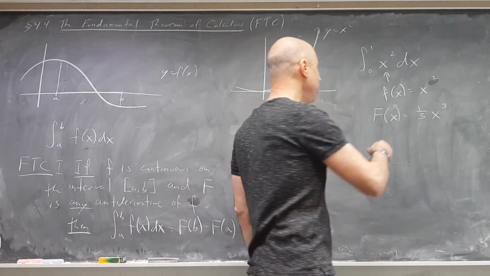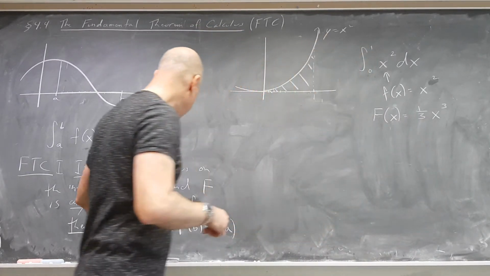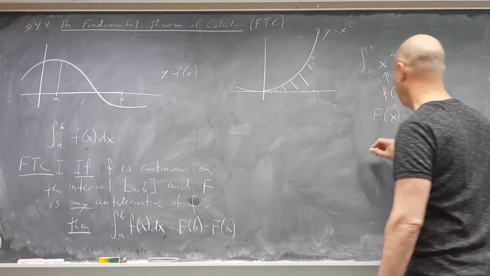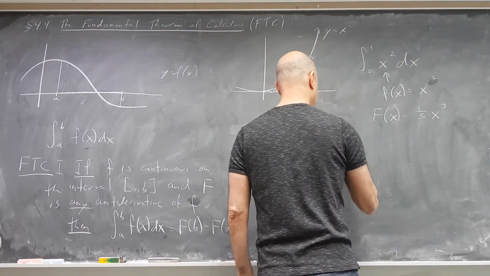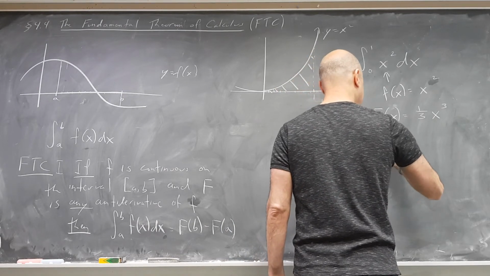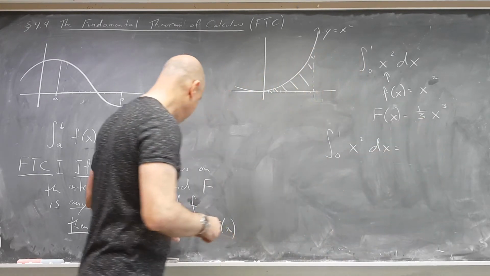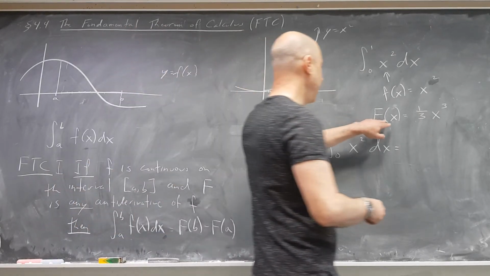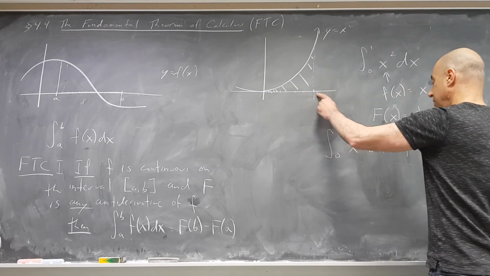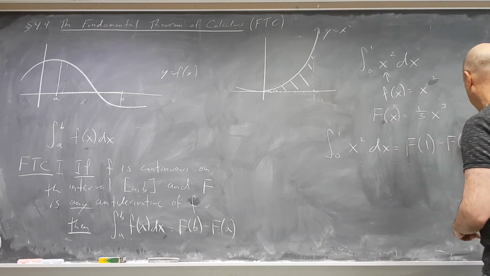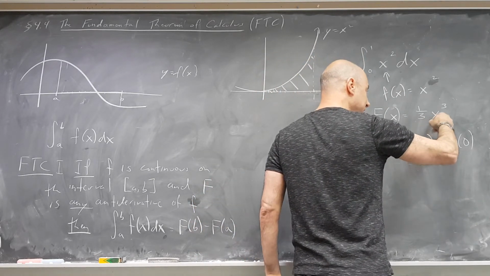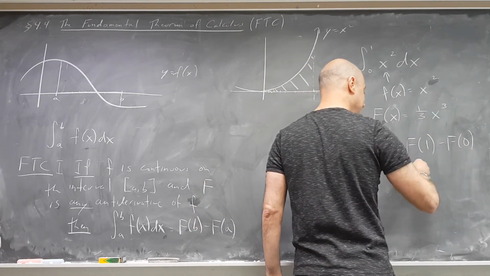So according to the fundamental theorem of calculus, let me just rewrite this problem down here, the integral from 0 to 1 of x squared dx. This is equal to capital F of 1, the right-hand endpoint, minus capital F of 0. In other words, I'm just going to plug 1 in here and then subtract off what I get when I plug in 0.